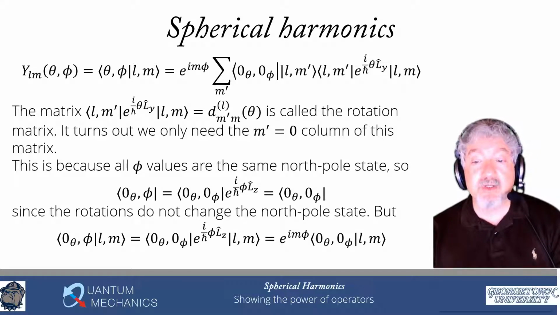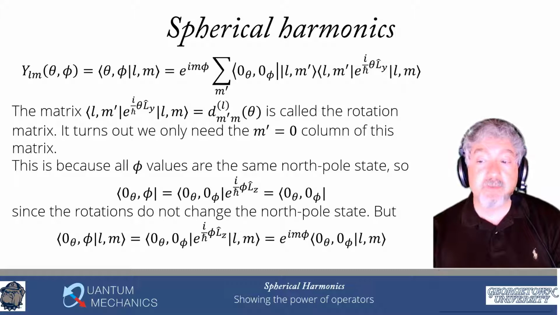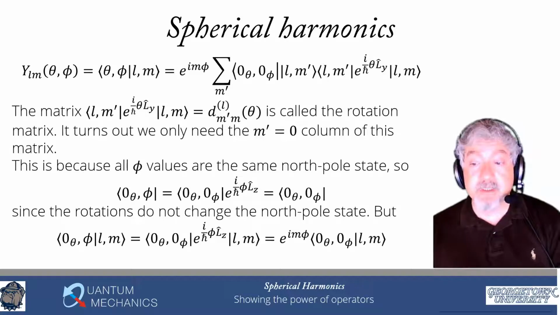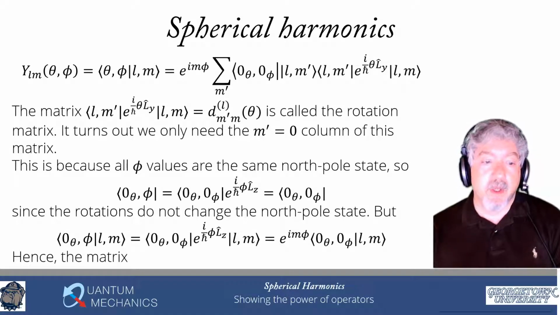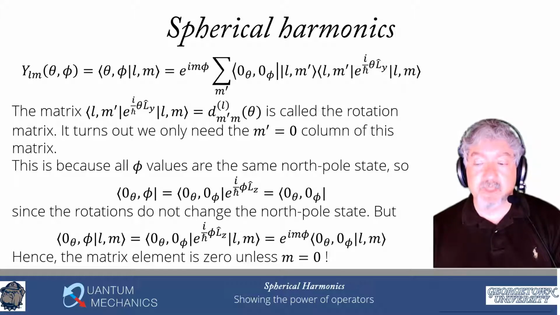And so this is an alternative proof, the invariance of the North Pole state being evaluated against the Lm eigenstates gives me an alternative proof that the angular momentum is an integer. All right, so the matrix element is 0 unless m is equal to 0, as we just concluded a little bit earlier.